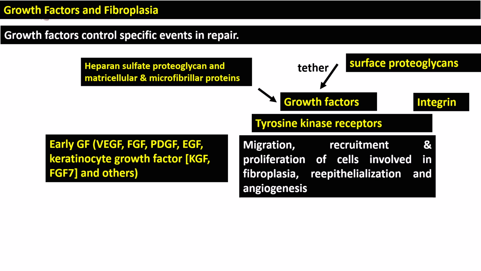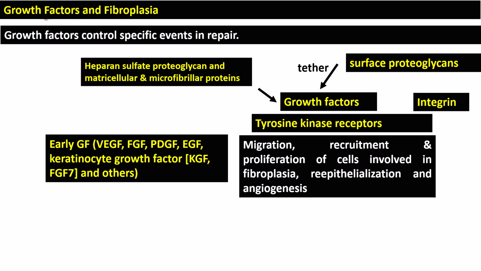In the early phases, that is inflammation, fibroplasia, and reepithelialization, growth factors like VEGF, PDGF, FGF, EGF, and keratinocyte growth factors are expressed, and they promote cell migration, recruit inflammatory and endothelial cells, and stimulate fibroblast proliferation.